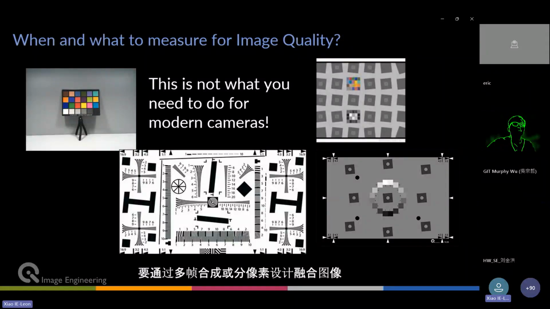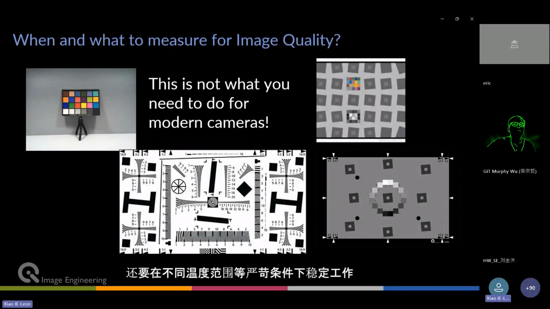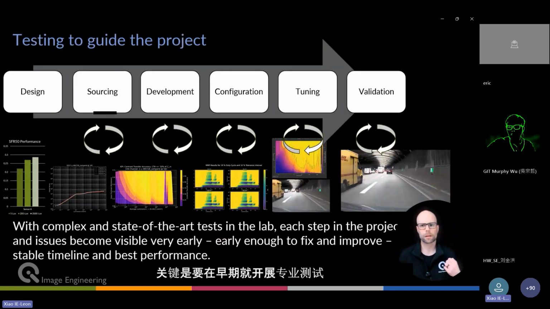They merge multiple images, either from multi-exposures or from split pixel designs. They have to work over a huge range of temperature and so on. These kinds of tests may show if it's functional, but that's not really proper image quality testing. What I see in many projects, and what's really important, is that in the early time, you already start to do proper testing.